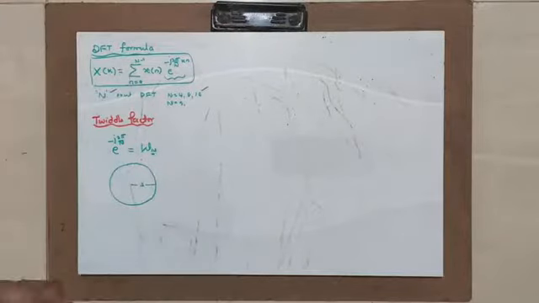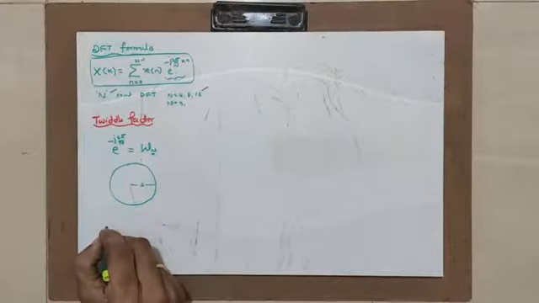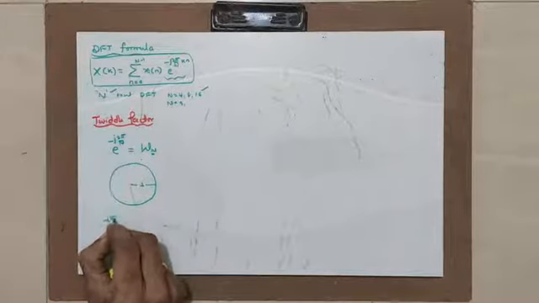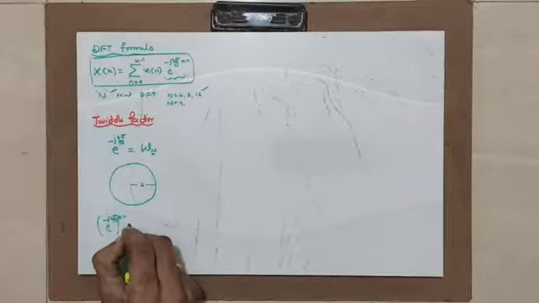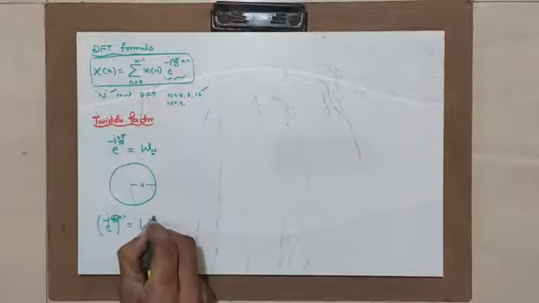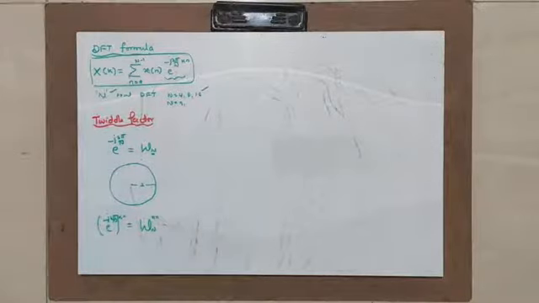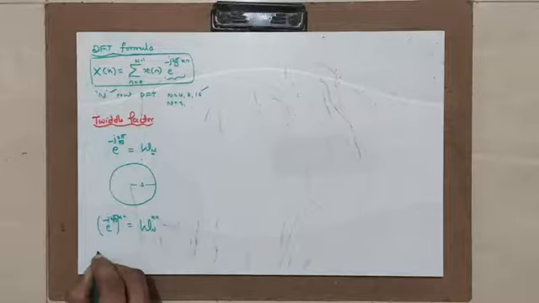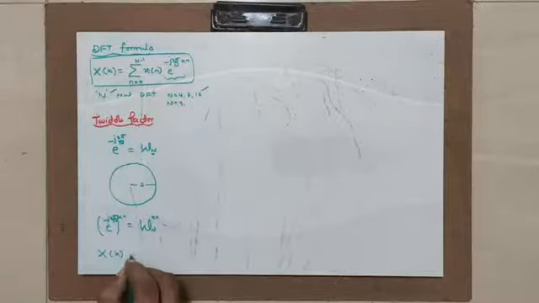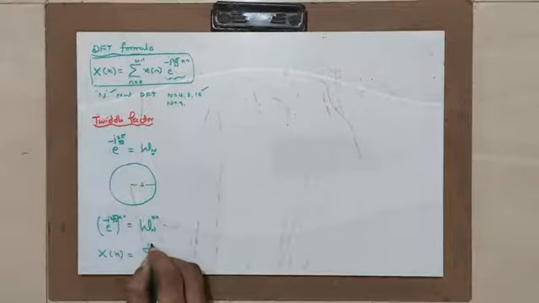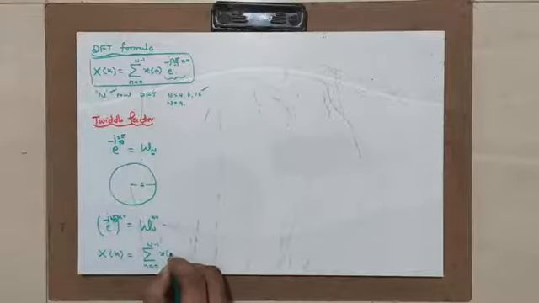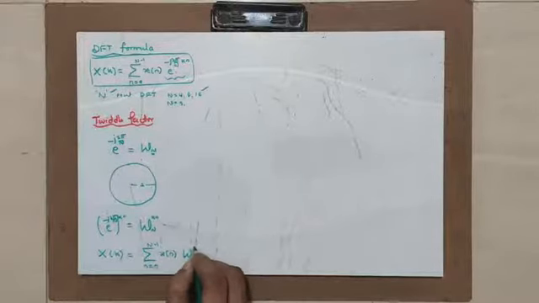Now, because this is considered as the twiddle factor, e raised to minus j 2 pi by N kn, if I put one bracket here, it became WN raised to kn, isn't it? Hence, I can write the basic DFT formula in a very short form: X of k is equal to summation n is equal to 0 to N minus 1 x of n WN raised to kn.